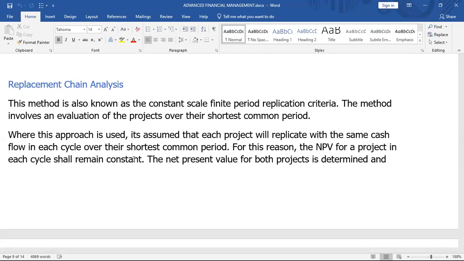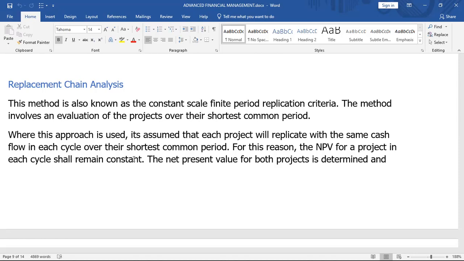and we are saying very well that this method is also known as the constant scale finite period replication criteria. The method involves an evaluation of the projects over their shortest common period. This approach assumes that each project will replicate with the same cash flow in each cycle over the shortest period of time.